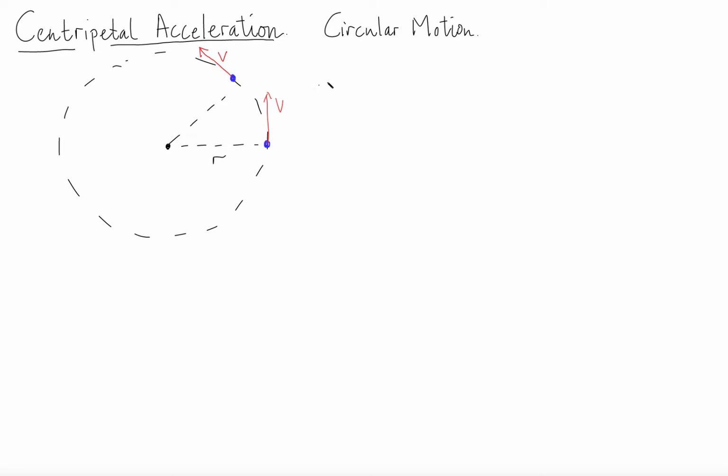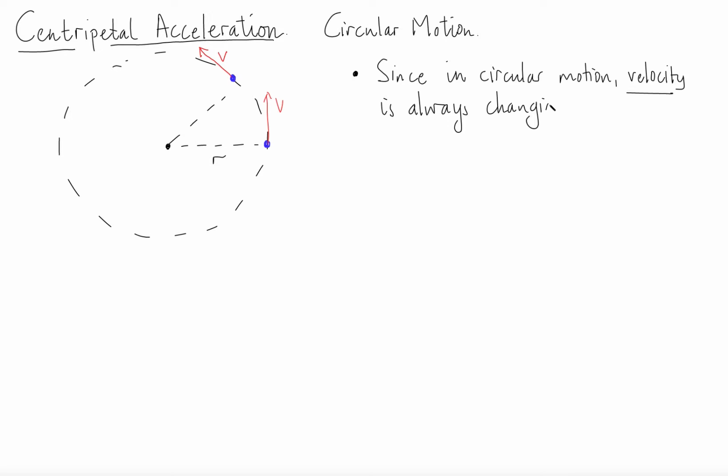And since in circular motion velocity is always changing, there must be an acceleration.